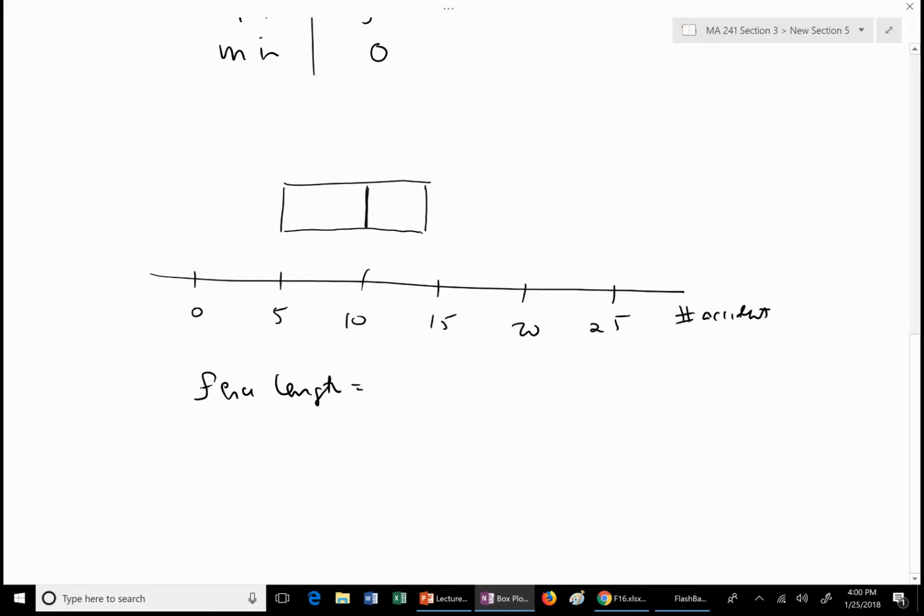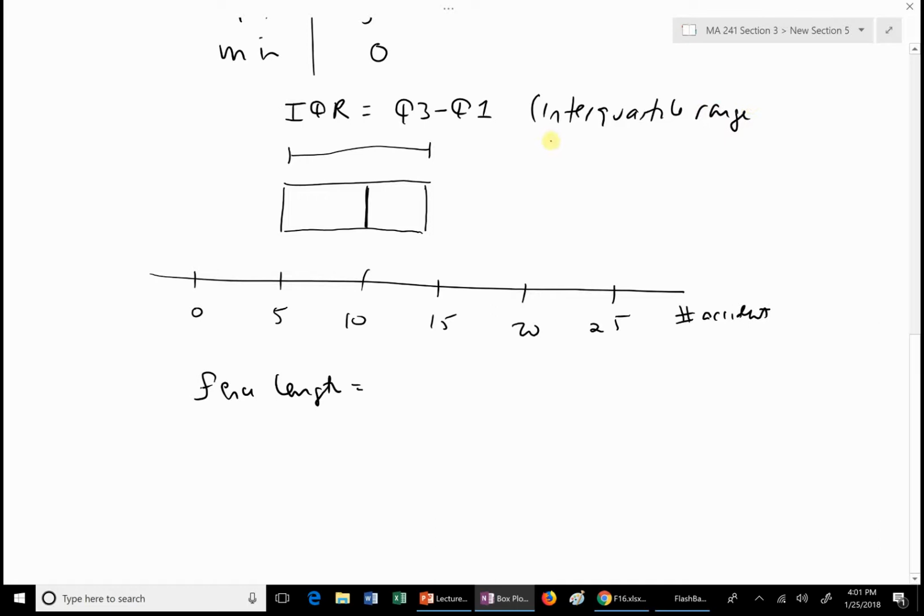Well, what we do is we compute the length of this box. The length of this box is called the interquartile range, IQR. And it's equal to the value of the third quartile minus the first quartile. So people call this the interquartile range.